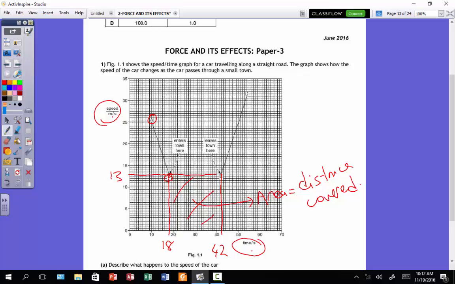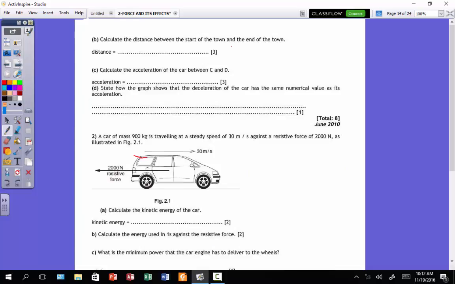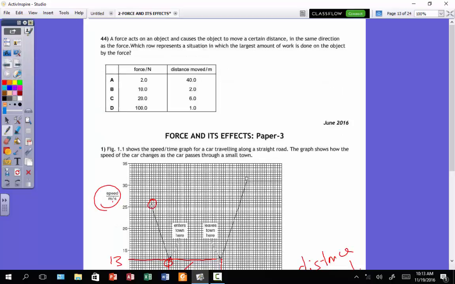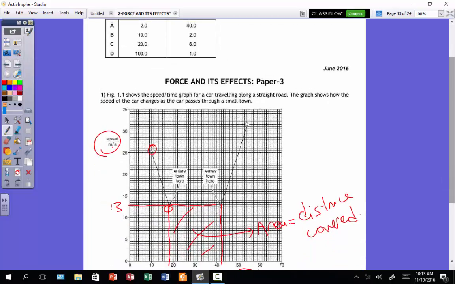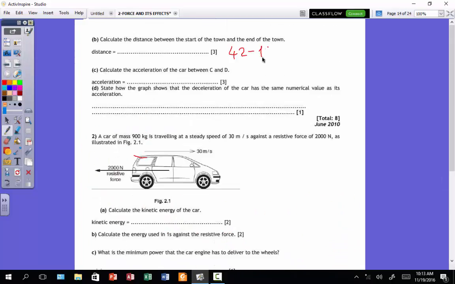The area is 42 minus 18, times 13. That gives us the distance covered, which is 312 meters. This is the distance covered between the start of the town and the end of the town.